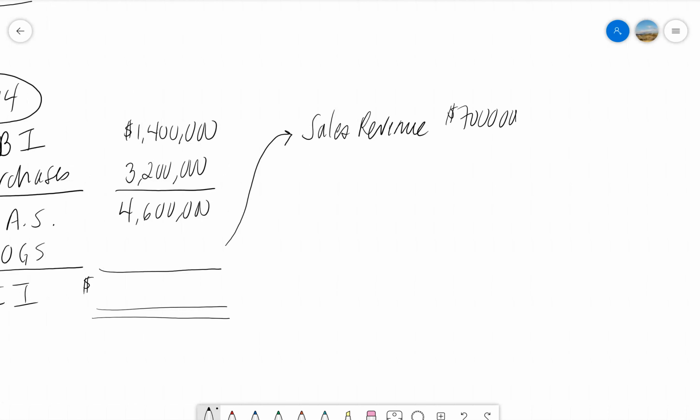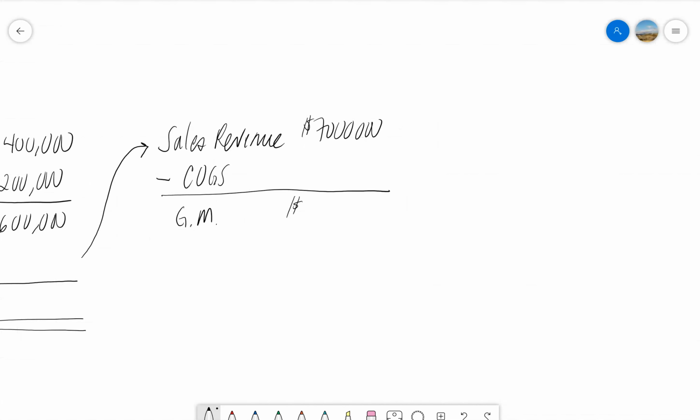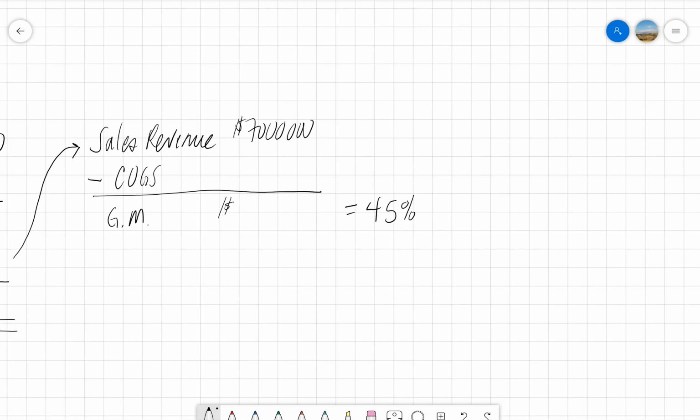Now we know that if we took our sales revenue minus our cost of goods sold, that would give us our gross margin or our gross profit. We don't know what these amounts are, but we do know that our gross margin percentage is 45%. So this is going to be our 45%.